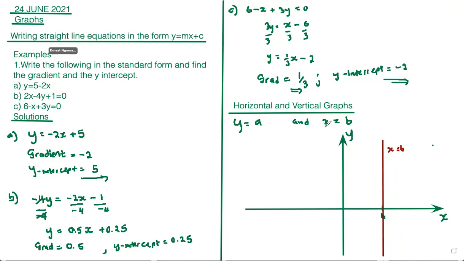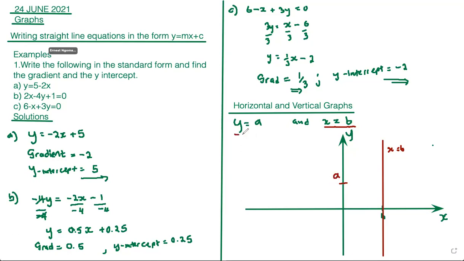So the graphs of x is equal to a constant are always vertical graphs. Then the graph of y is equal to a. Let me say this is where a is. It means that whatever value of x you have, the value of y remains a.